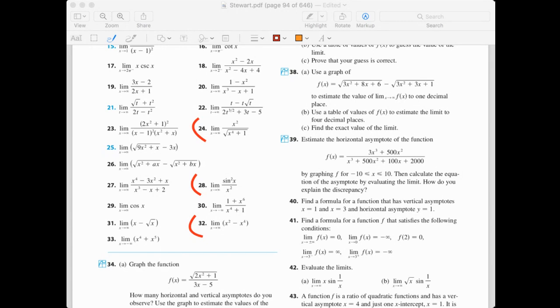Okay, so he typed in here, he said 32, you can factor out x squared, right? You can factor out x squared: x squared minus x raised to 4 is x squared times 1 minus x squared. As x approaches infinity, then x squared approaches infinity, 1 minus x squared approaches negative infinity.